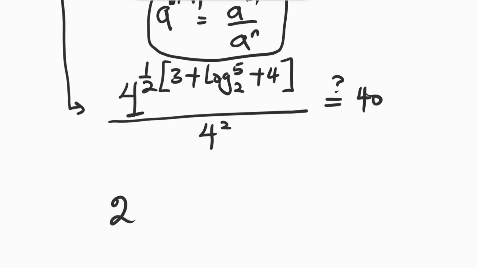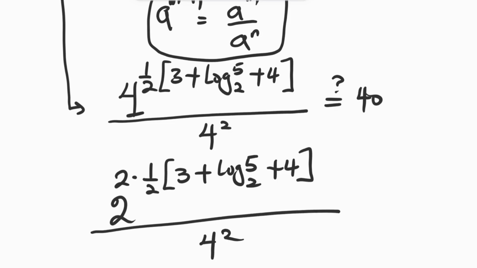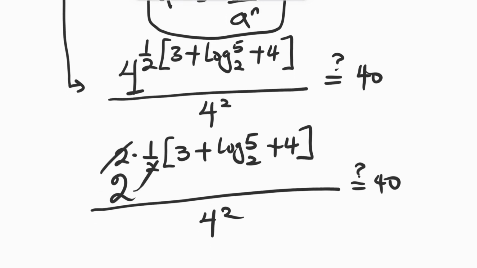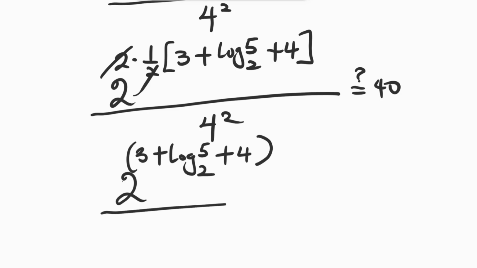So it now becomes 2 raised to power 2 times half into bracket 3 plus log of 5 base 2 plus 4, all divided by 4 squared. Now these 2 will cancel that 2, and so what we have is 2 raised to power 3 plus log of 5 base 2 plus 4, all divided by 4 squared is 16.